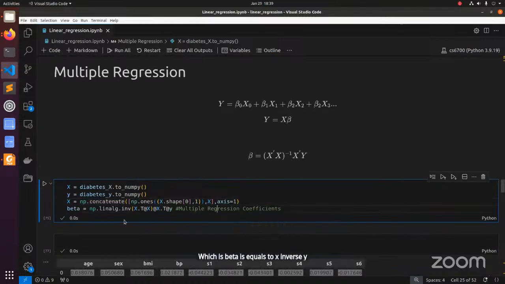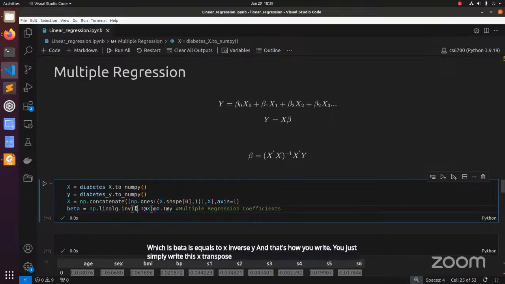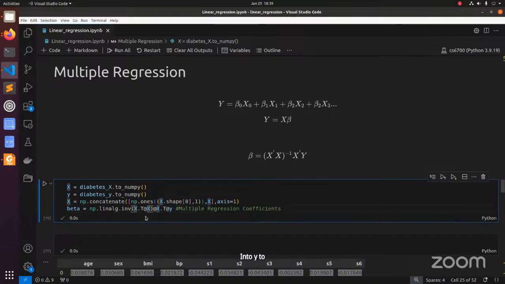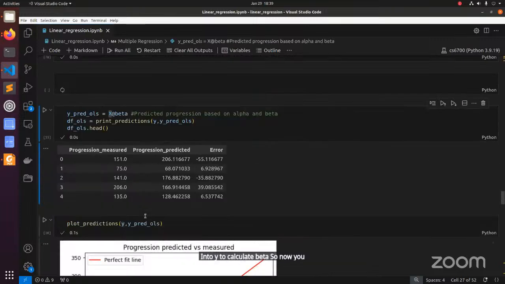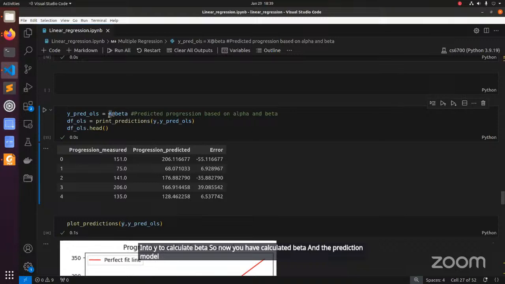So you simply write x transpose x inverse, times x transpose, times y, to calculate beta. So now you have calculated beta, and the prediction model is simply y prediction equals x times beta. That's it.